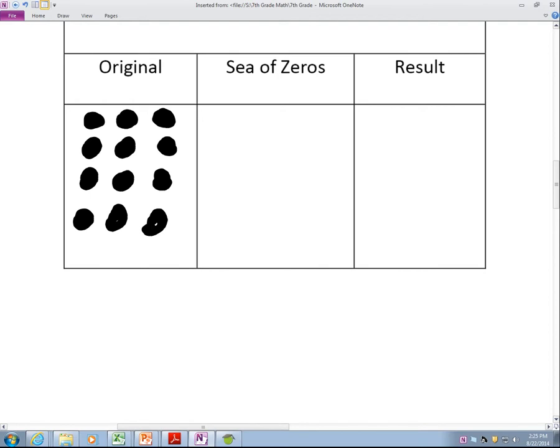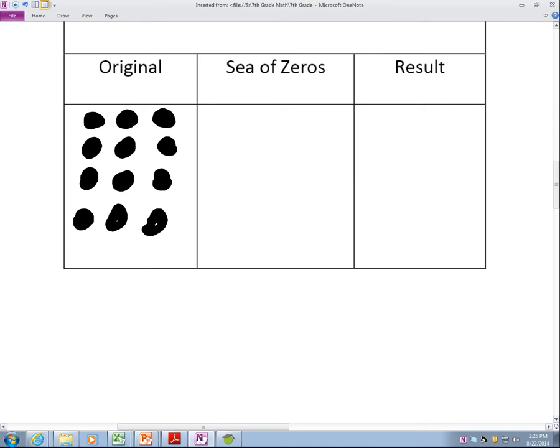And I want you to write down exactly how I write down in the next example if you didn't do it yet. Okay, this one isn't as bad, but in the future we're going to want to because the things are going to line up. Now, since we represented 12 in the original box, how many are going to be in our sea of zeros?